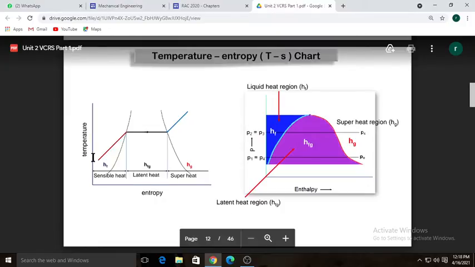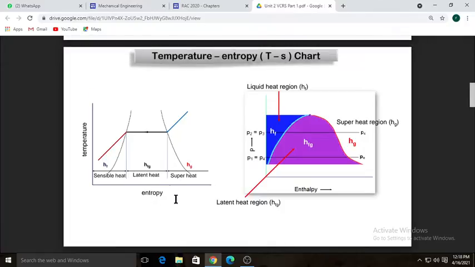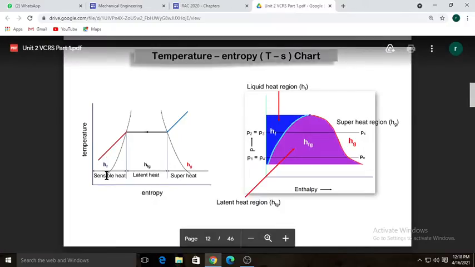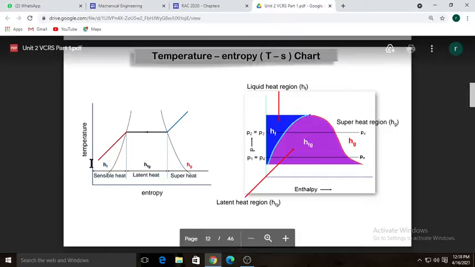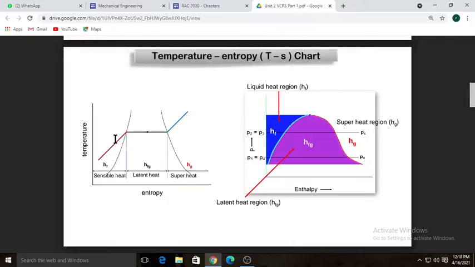Now we are going to see the basic concept of the TS chart. On the TS chart we have temperature on the y-axis and S, which is entropy, on the x-axis. Here you can see the saturation curve. Here we are going to heat a solid and convert this solid into liquid at a particular point.